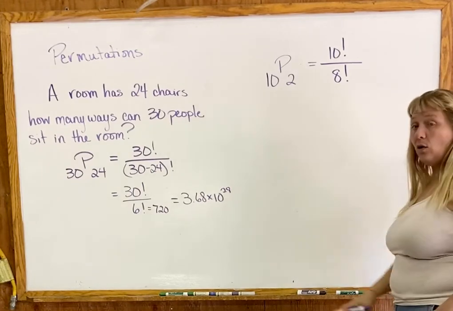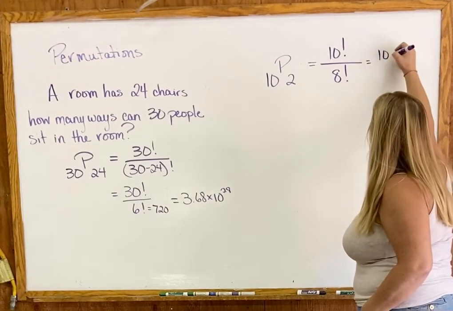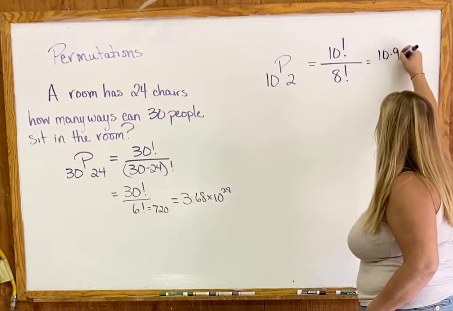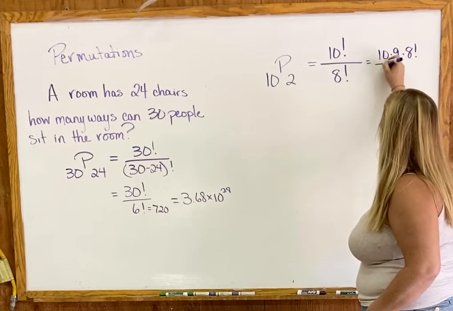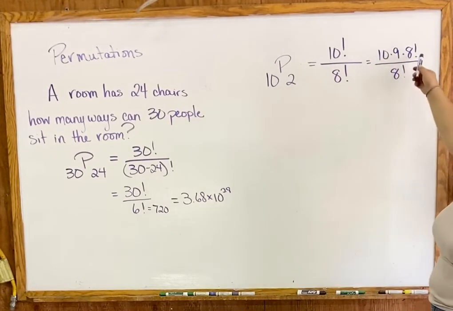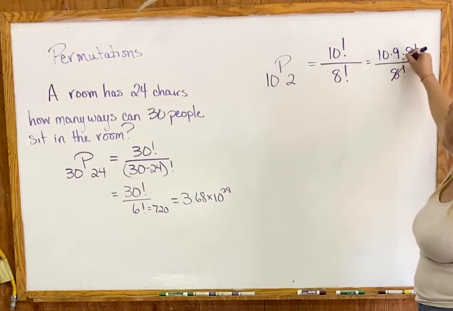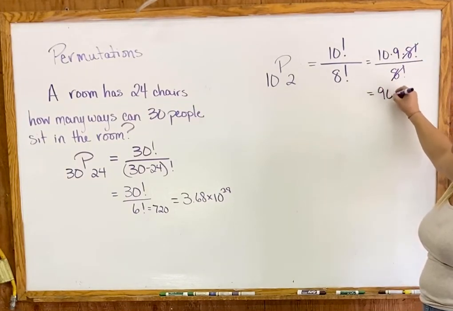Now again, without the use of our calculator, we're going to take this and go 10 times 9 times 8 factorial all over 8 factorial. We stopped at 8 factorial because those cancel. And then do we end up with 90?